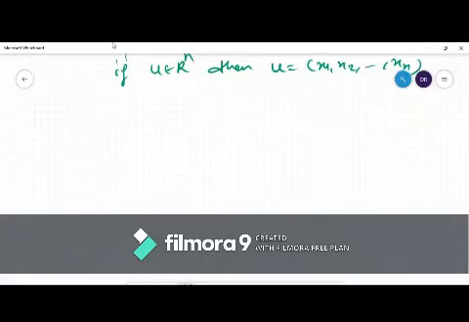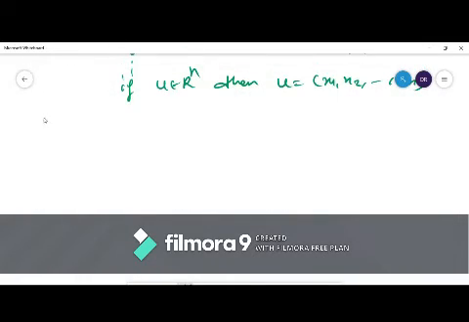Now we prove some examples of a vector space. First example is V equal to R plus, the set of positive real numbers, and capital F is equal to R. This is the field of scalars.